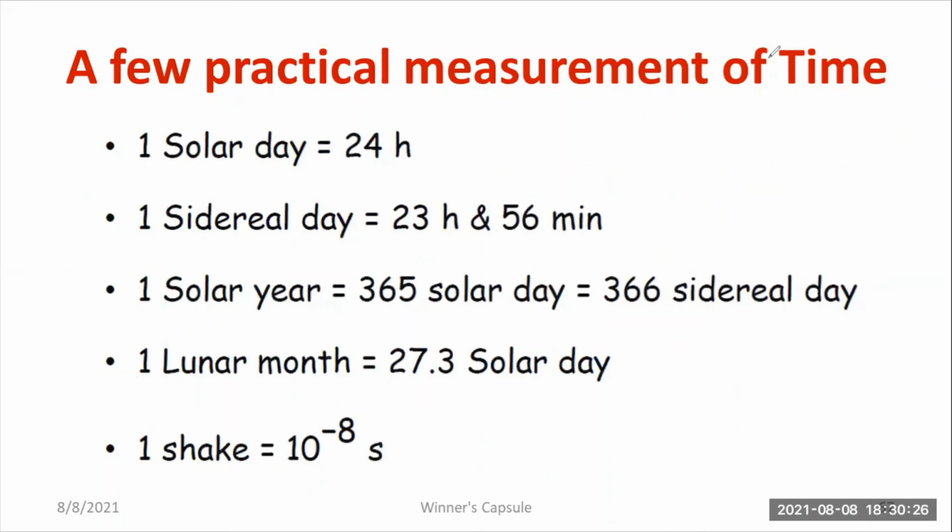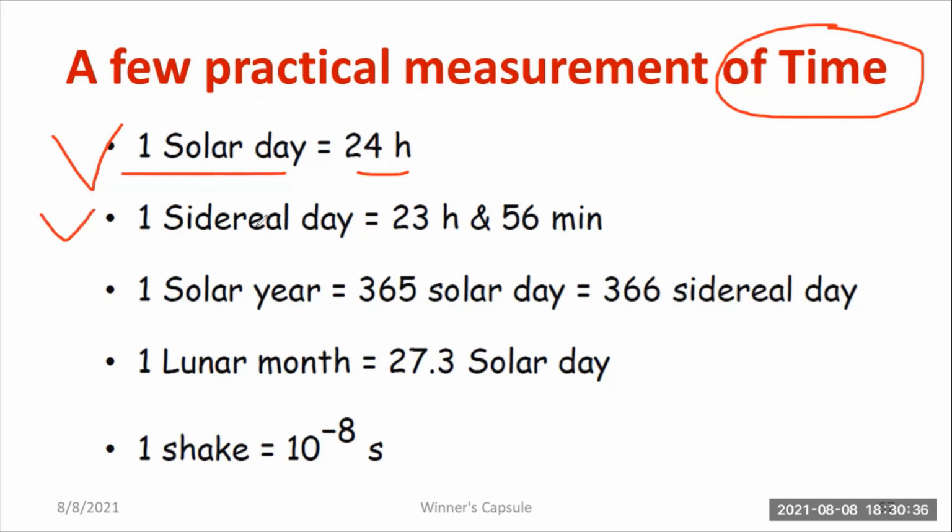Now I would like to discuss the practical units of measurement of time. One solar day is equal to 24 hours. One sidereal day is equal to 23 hours, 56 minutes. One solar year is 365 solar days, which is nothing but 366 sidereal days.